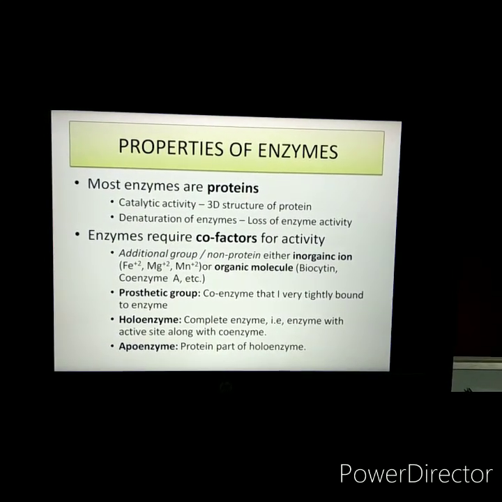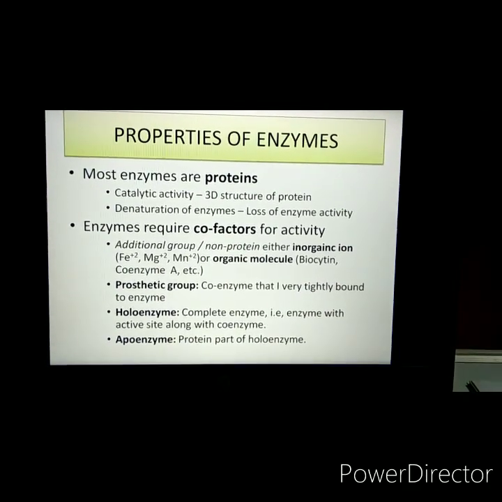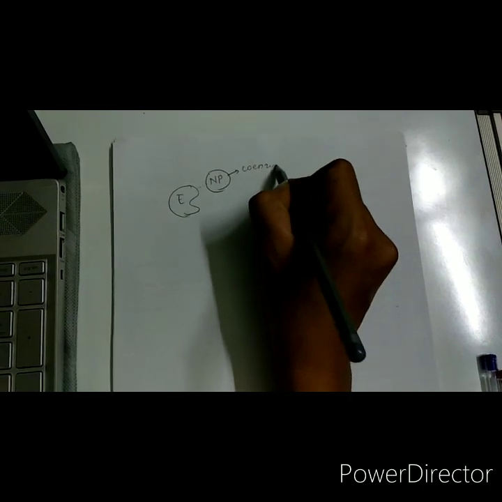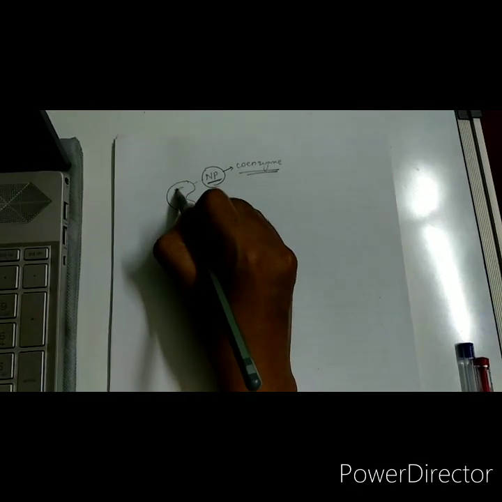So now, the holoenzyme is a complete enzyme, that is, the enzyme with the active site along with the coenzyme. You can see this is an enzyme and this is a non-proteinous coenzyme. These coenzymes are non-proteinous molecules that are bound to the enzyme.